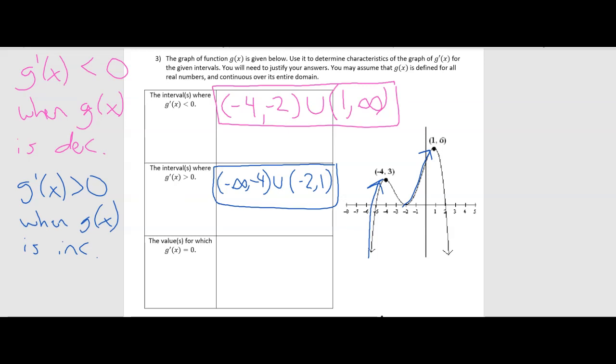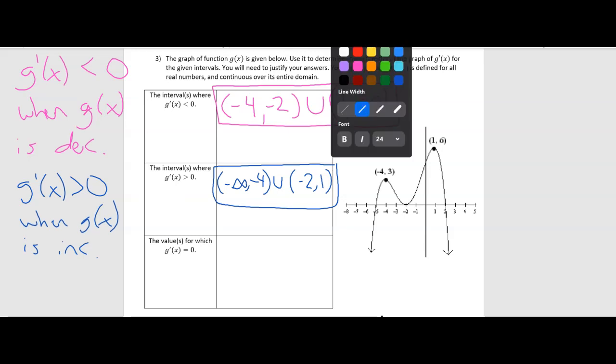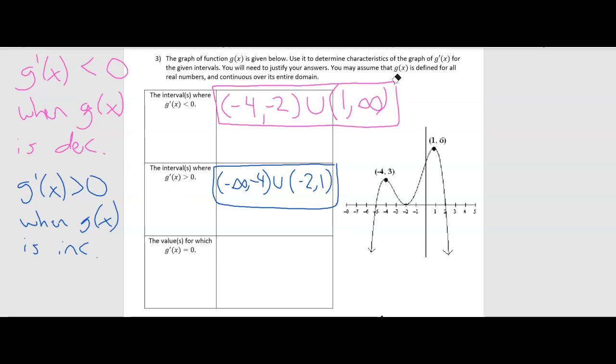Okay, so we've covered most of this function, right? For the most part, this function is either increasing or decreasing. But there are some points that we haven't talked about yet. Namely, we have this point right here, this point right here, and this point up here.